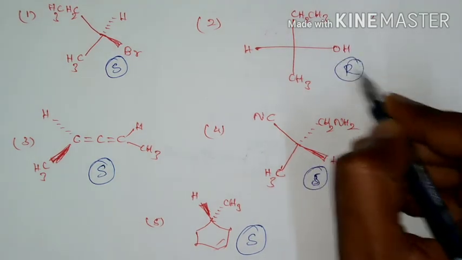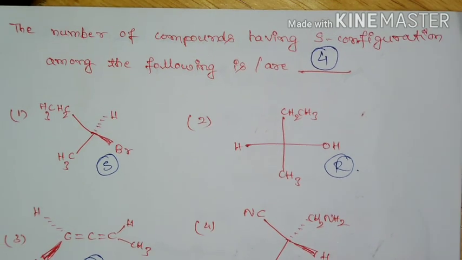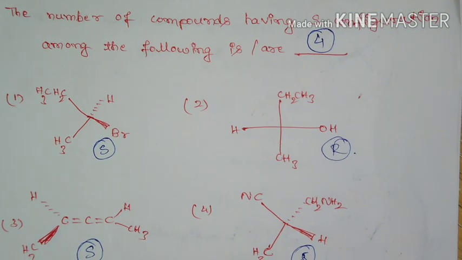Only this compound is having R configuration. But the question is, we need to write the number of compounds having S configuration. It is 4. Thank you.